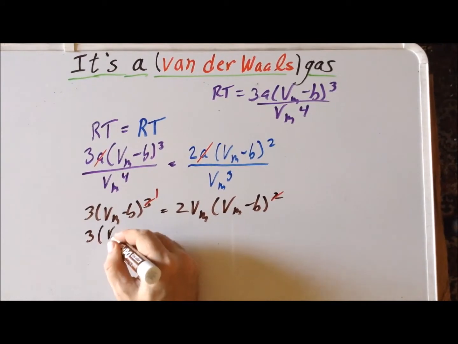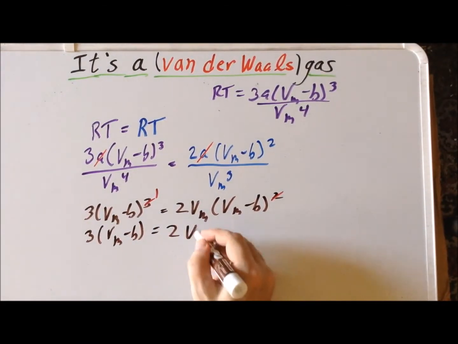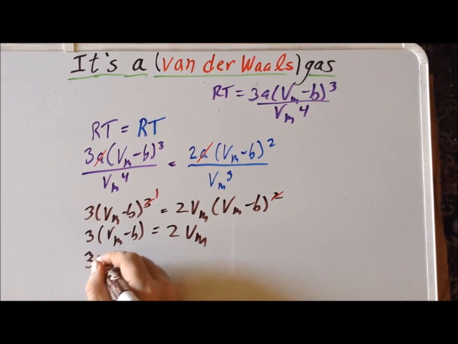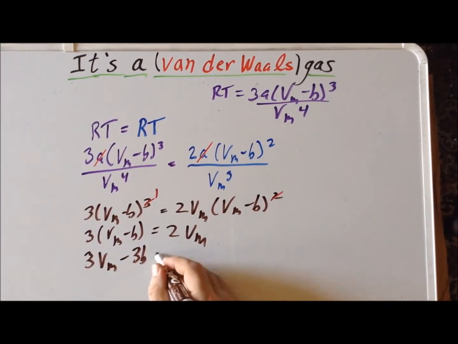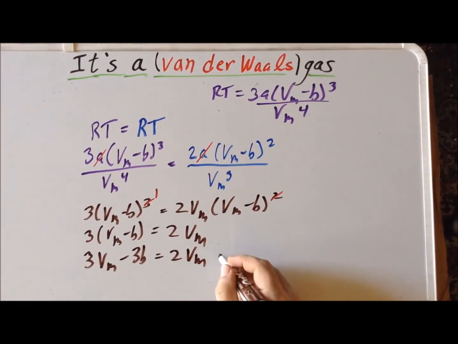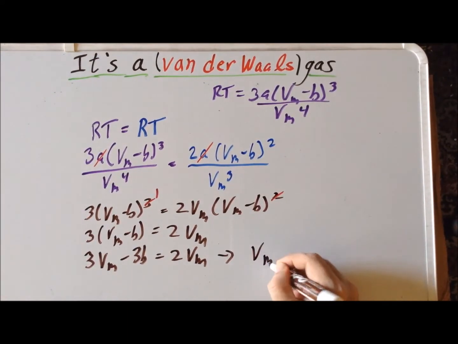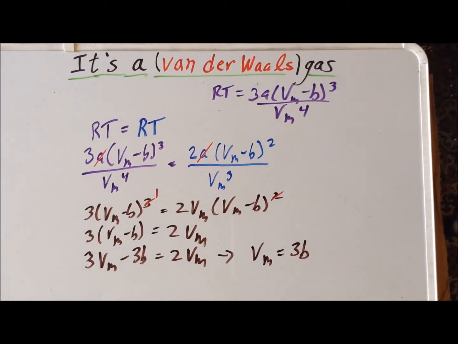That gives us 3 times (the molar volume minus b) equals 2 times the molar volume. We can expand the left-hand side using the distributive law, and we get that 3 times the molar volume minus 3b equals 2 times the molar volume. We can add 3b to each side, and we get that the molar volume is equal to 3b at the critical temperature.